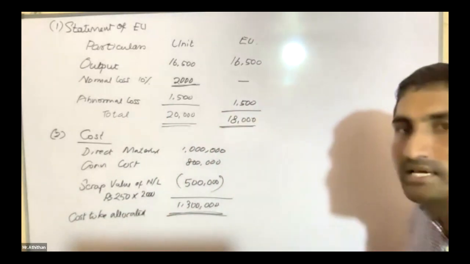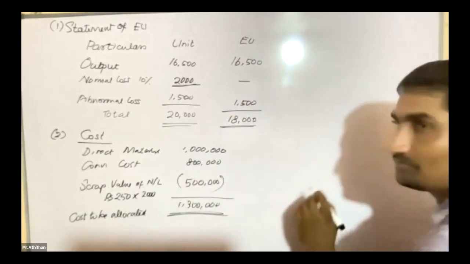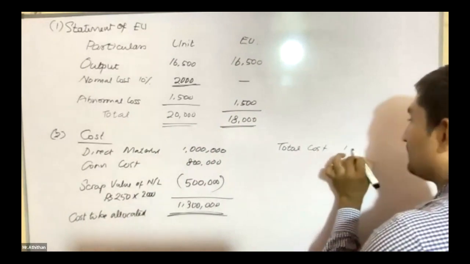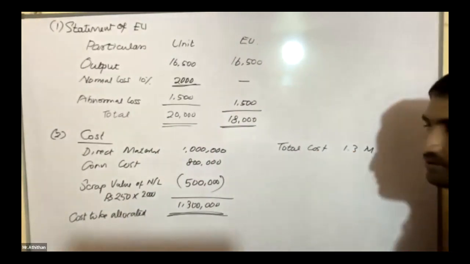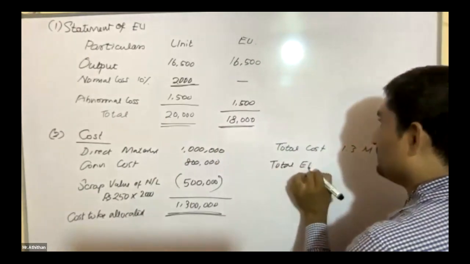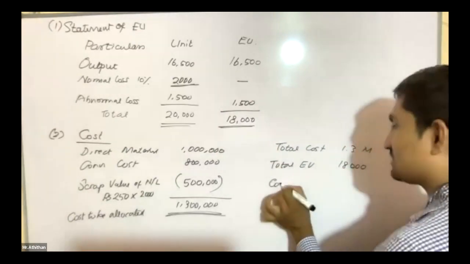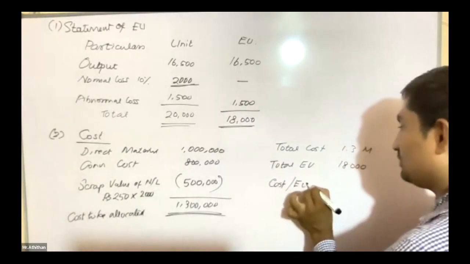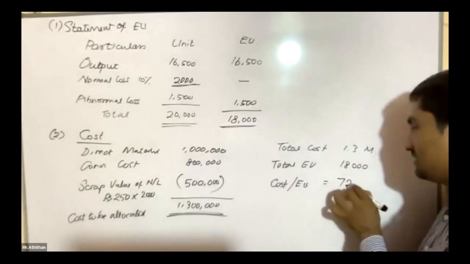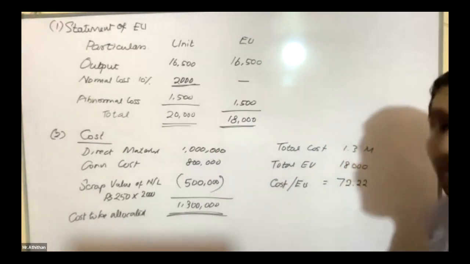So that is 1.3 million. Then allocate the cost. Total cost 1.3 million, total equivalent units 18,000. Dividing 1.3 million by 18,000 gives 72.22 cost per equivalent unit.